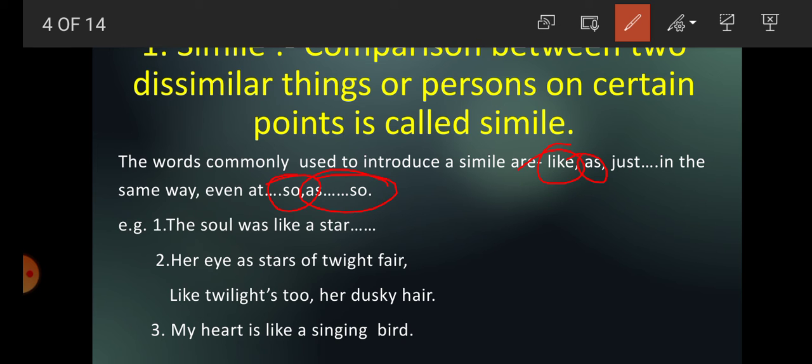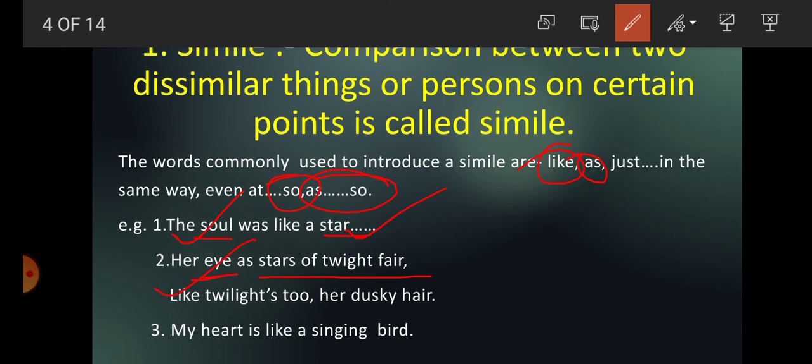For example, in the first sentence, soul and star are compared, and both are two different things. One is the part of the human body and the second is the part of the universe. Again, in the second example, eyes and stars of twilight fair are compared here. So both are different things.